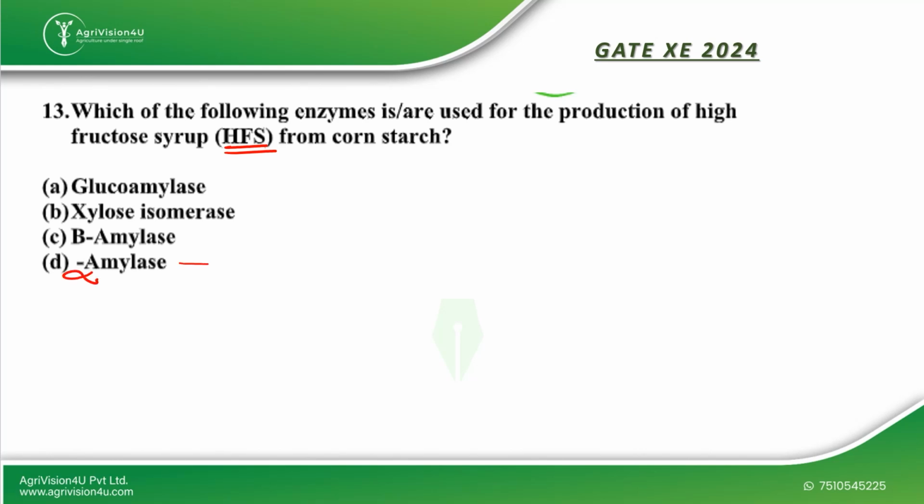Basically this alpha amylase enzyme is used to break down the cornstarch into shorter chains of glucose molecules, known as maltodextrins.